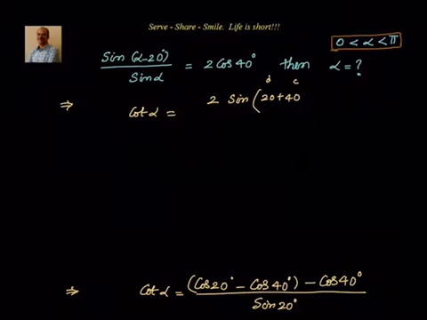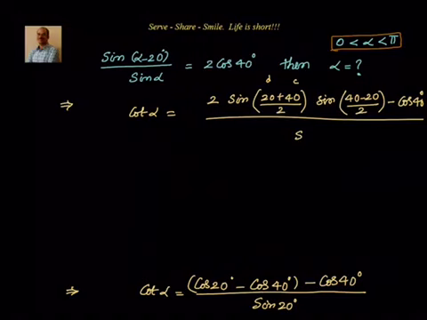Always C is greater than D. Since it is cos D minus cos C, we will not have a minus sign. So 2 sine of (C plus D) by 2, and sine of (C minus D) by 2, minus cos 40 divided by sine 20.